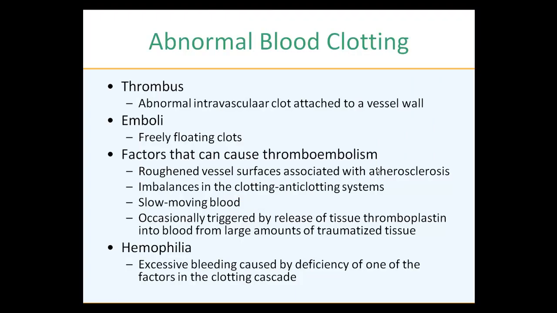With this, this is the final slide here. Things can go wrong, just like everything we studied in physiology. If you have abnormal intravascular clotting, we'll call that a thrombus.